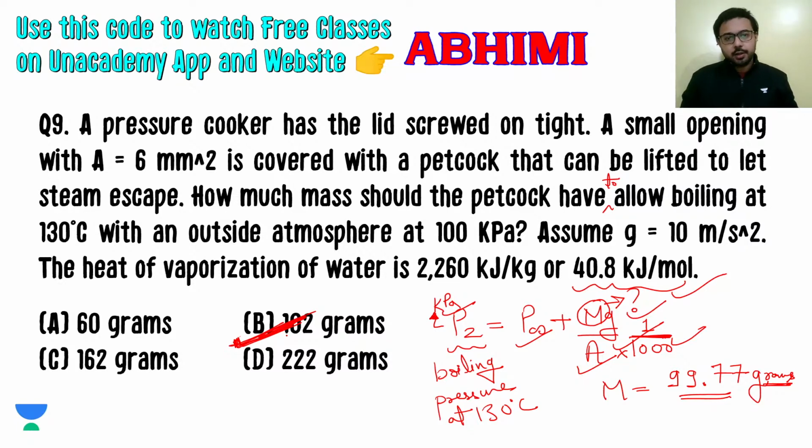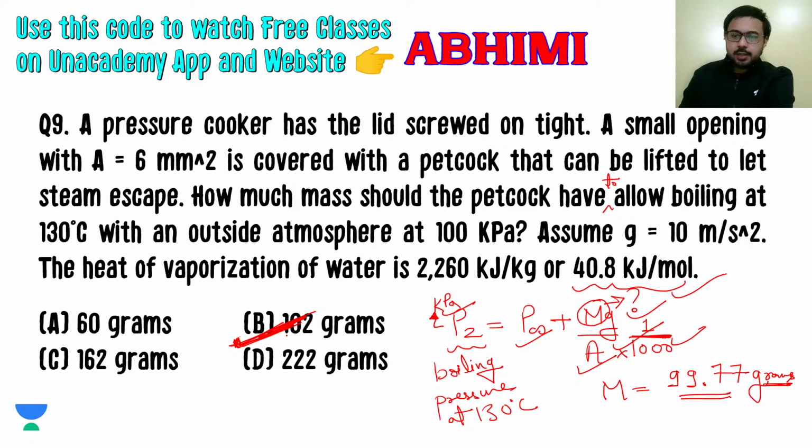Maybe the examiner has taken a different heat of vaporization, but the answer is very near to what the examiner has given as the correct answer. So that's why our answers are different, because I think the examiner's heat of vaporization value might be different.